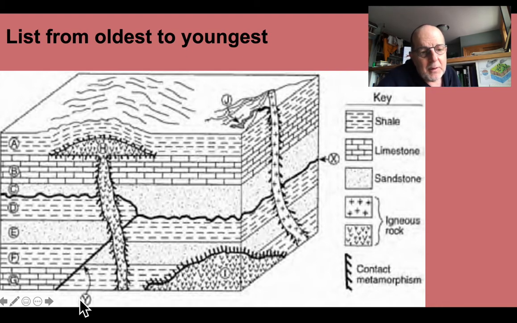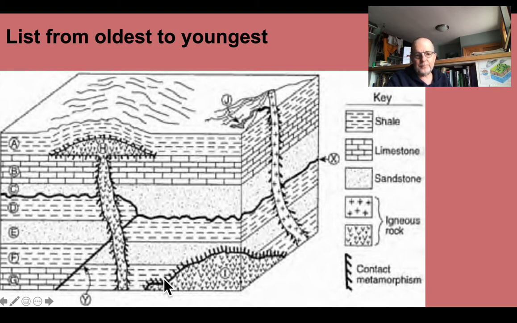Well, logically, we would want to think that the first layer that existed in this block diagram would be letter G. And letter G is older than F, and F has slid down in some faulting here. So we probably had G, and then F, and then E, and then did we have D? Well, perhaps. It looks like it.